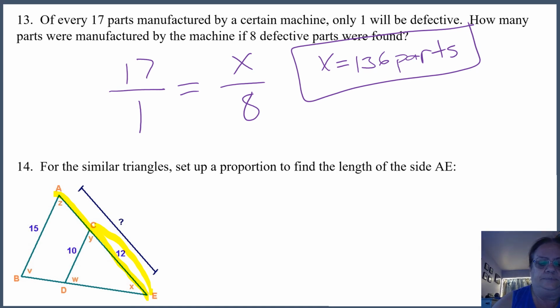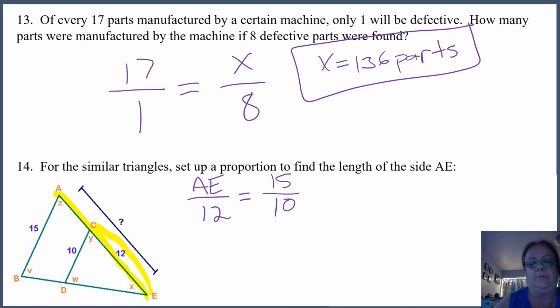So the length of AE is to the length of CE, which is 12, as 15, the larger triangle goes on top, is to 10.